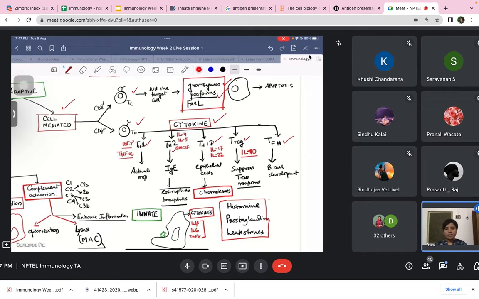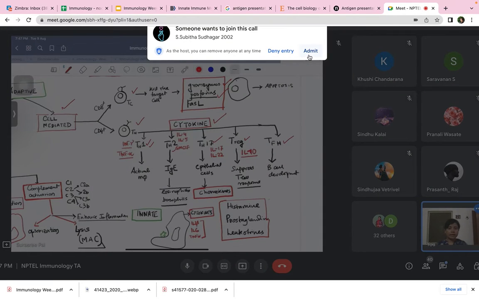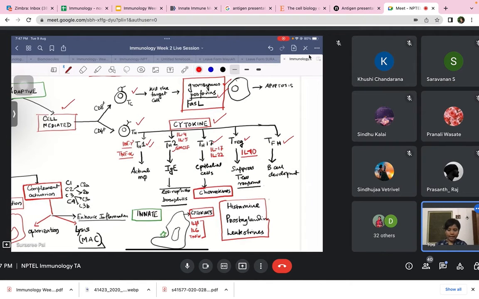Suppose these Th1 cells, they activate the macrophage. The Th2 cells produce IgE molecules, which help in antiparasitic immunity. Th17 cells produce some chemokines. Chemokines are the chemoattractants, right? We were discussing this in the previous session also.